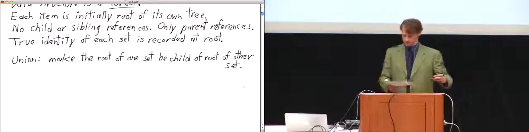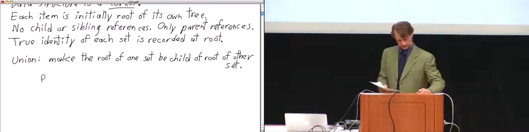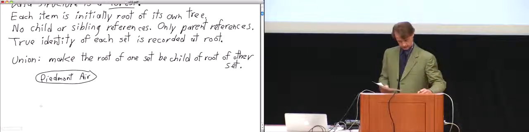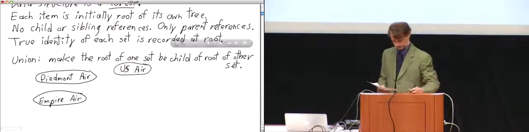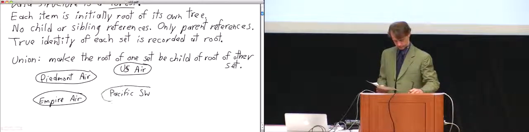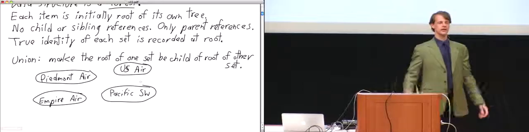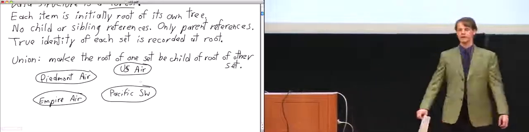So here's an example. Suppose I've got my airlines sitting around. There's Piedmont Air. There's Empire Air. There's US Air. There's Pacific Southwest. Initially, each one is a set all by itself.